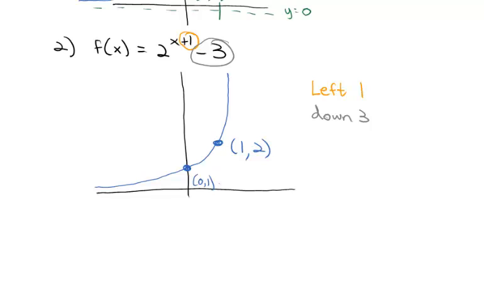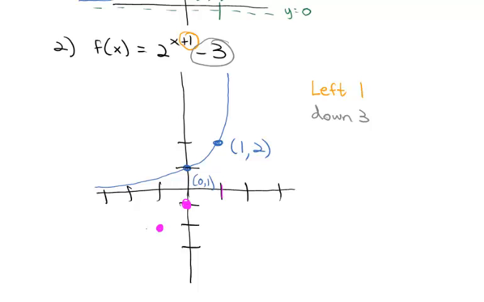So if we move left 1 down 3, I need to drop my graph a bit. So there's 1, 2, 1, 2, 3, 1, 2, 3, 1, 2, 3. If we take the 0, 1 and move it left 1 down 3, it ends up right here. And if we take the 1, 2, move it left 1 down 3, it ends up over here.